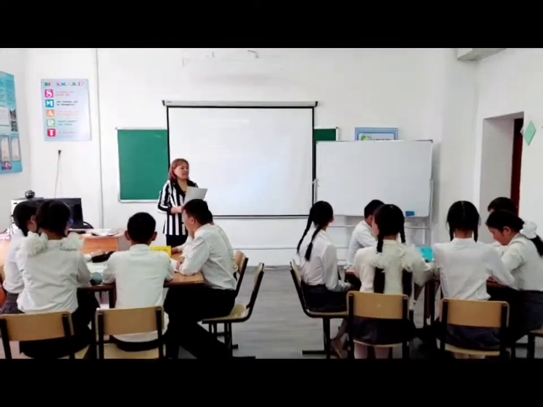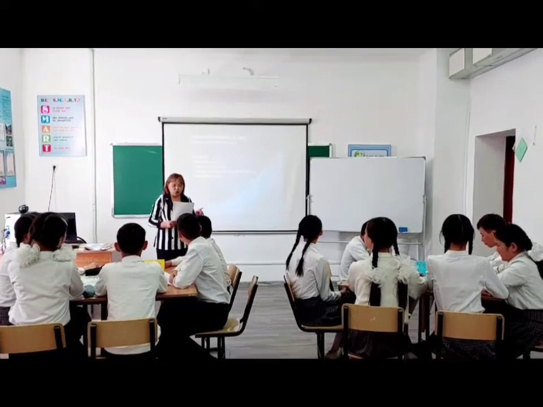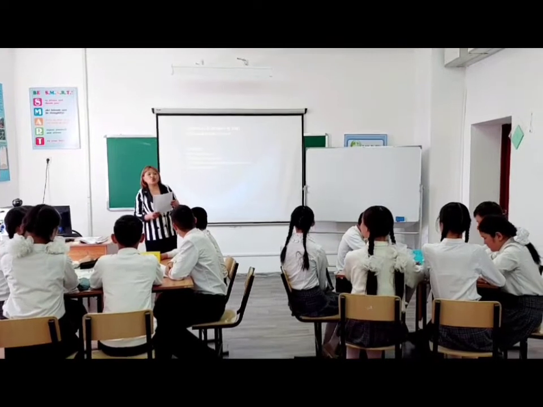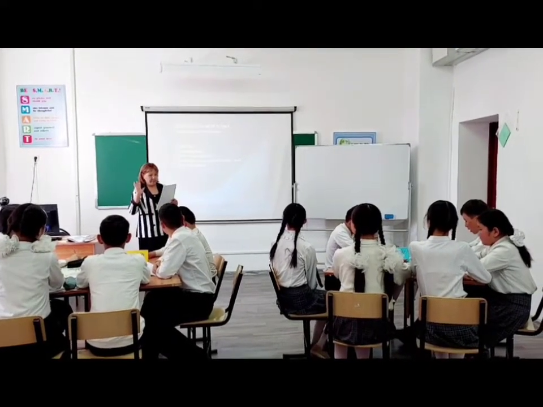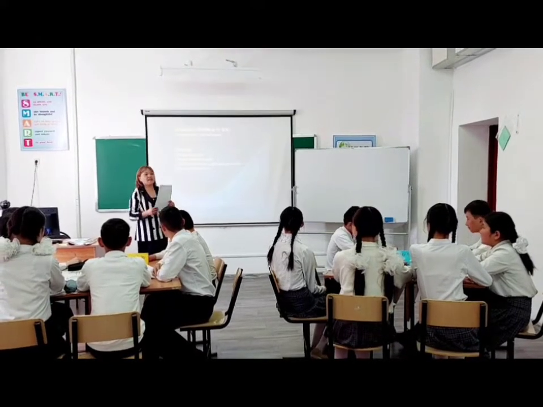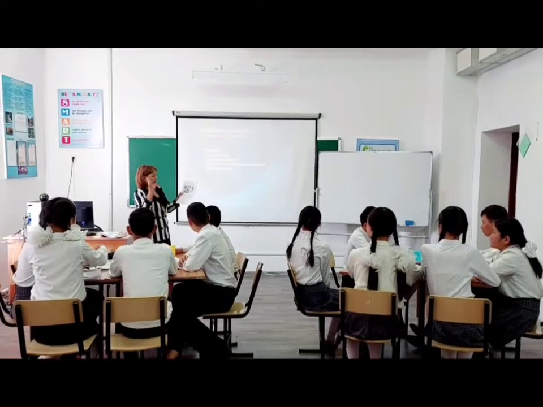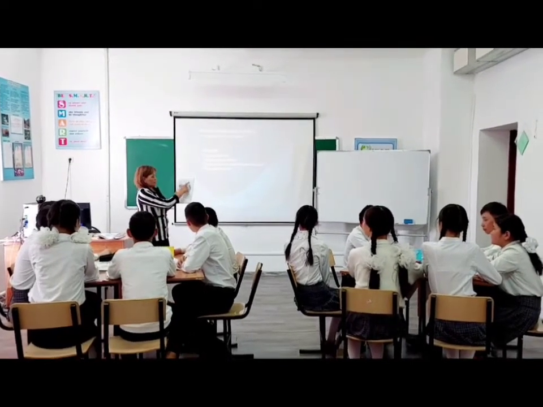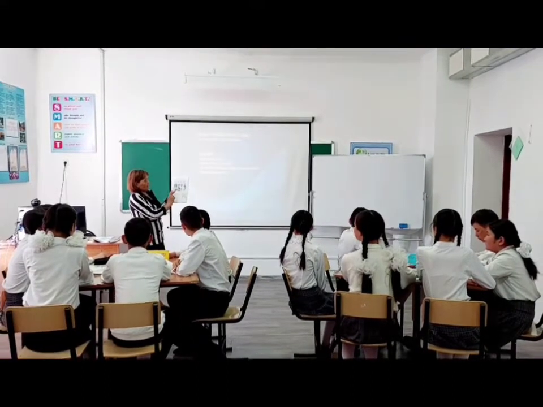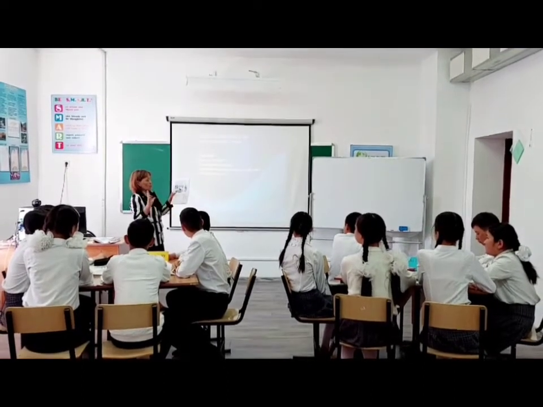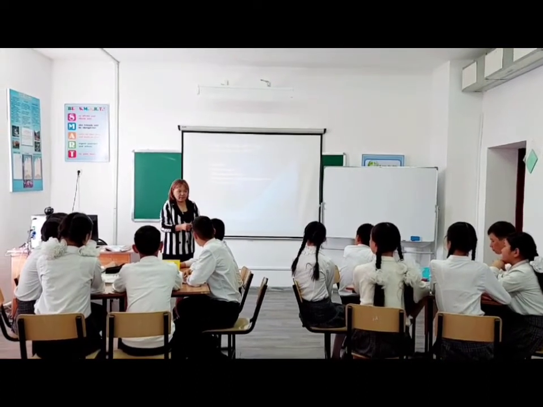Now, okay, the next task is the differentiation task. It is individual work, and you should do 3 tasks in 5 minutes. Okay? Now, I'll give you this handout, and we have 3 tasks. First, mark the photos. Second, write healthy or unhealthy habits. And the third, choose true or false. Now, are you clear?